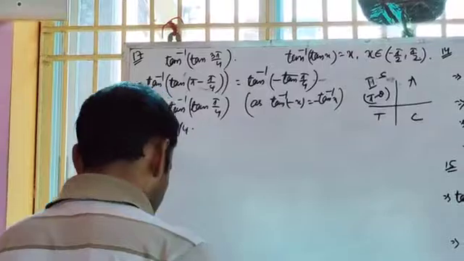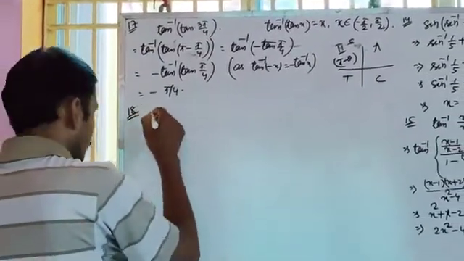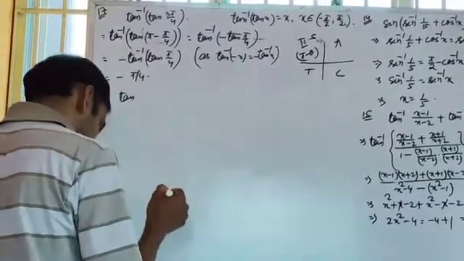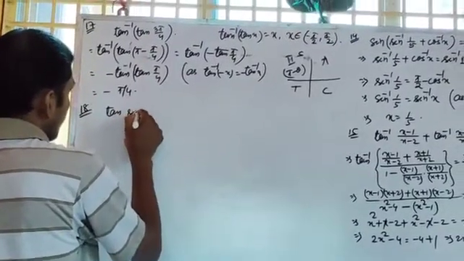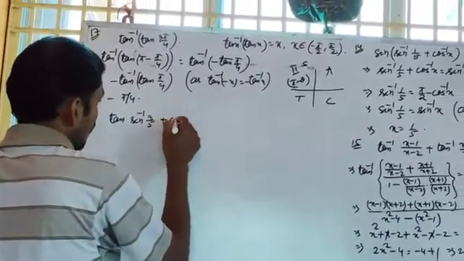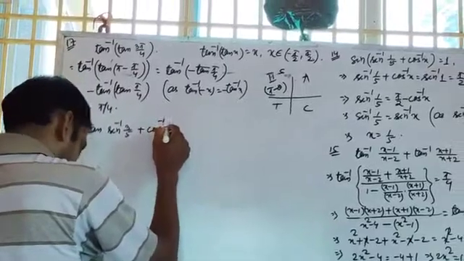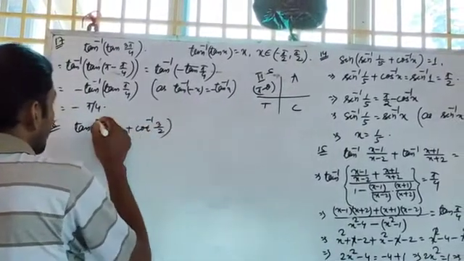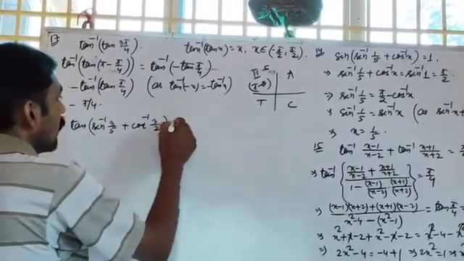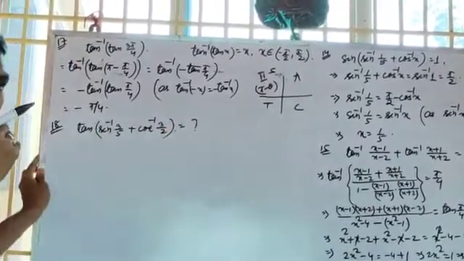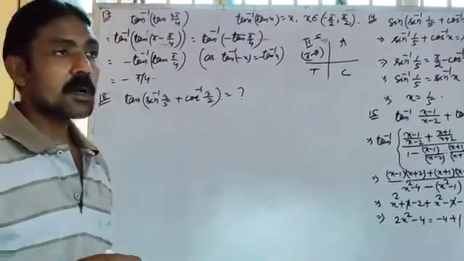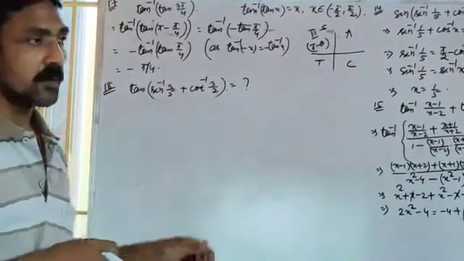And question number 18. It is also evaluate: tan of sin inverse 3 by 5 plus cot inverse 3 by 2. Here you see the outside function is tan, but the innermost functions are one in sin inverse and another in cot inverse.